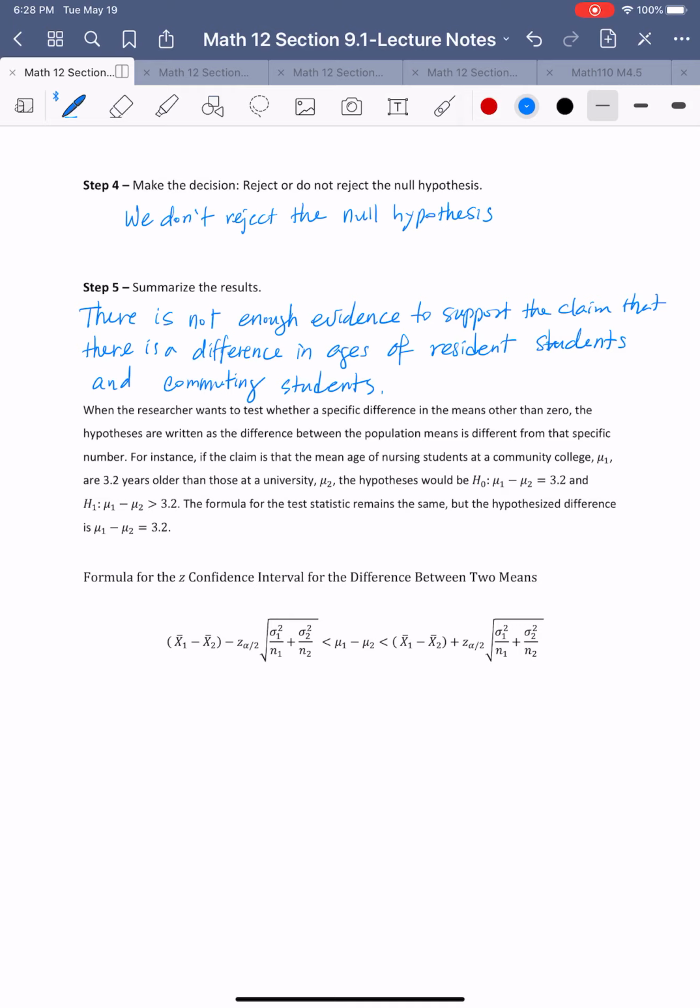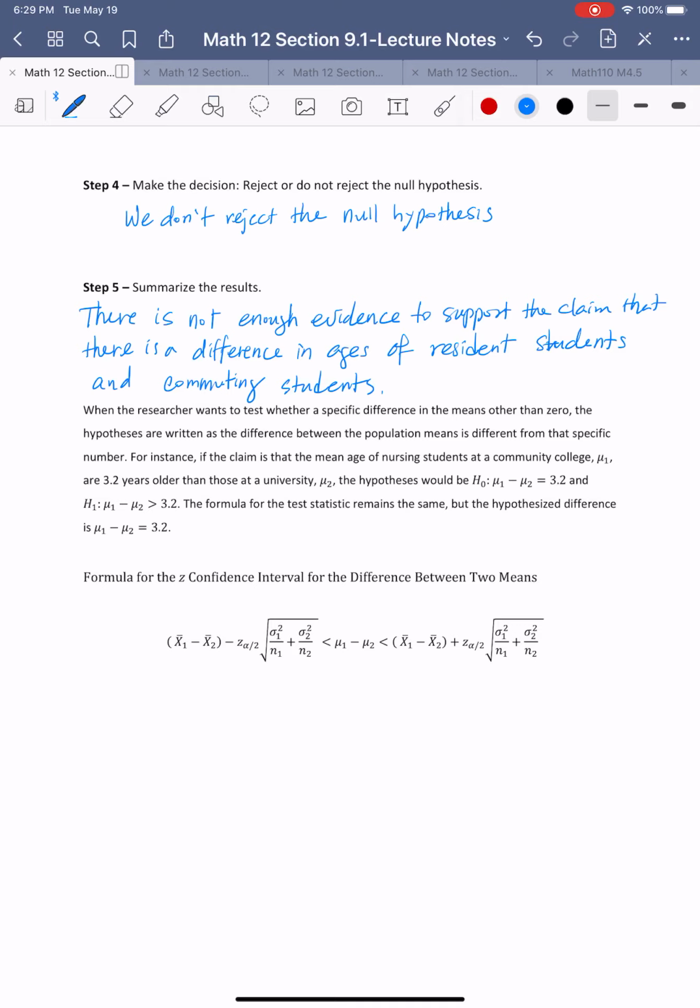For instance, the claim that the mean age of nursing students at community college mu sub 1 is 3.2 years older than those at the university mu sub 2. The hypotheses would be H0: mu sub 1 minus mu sub 2 equals 3.2, and H1: mu sub 1 minus mu sub 2 is greater than 3.2.